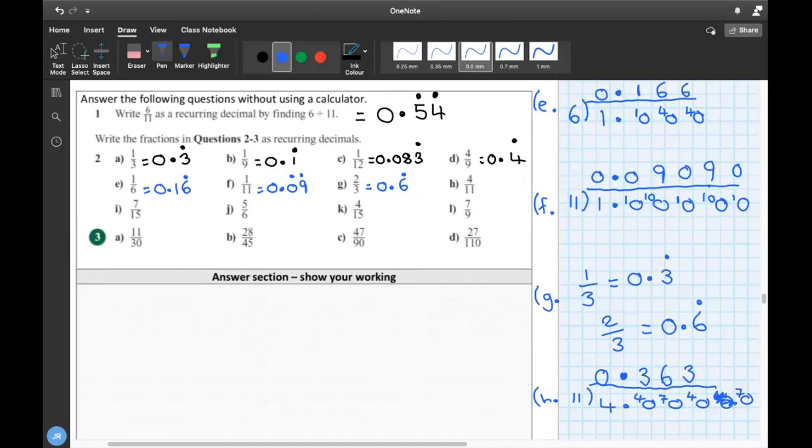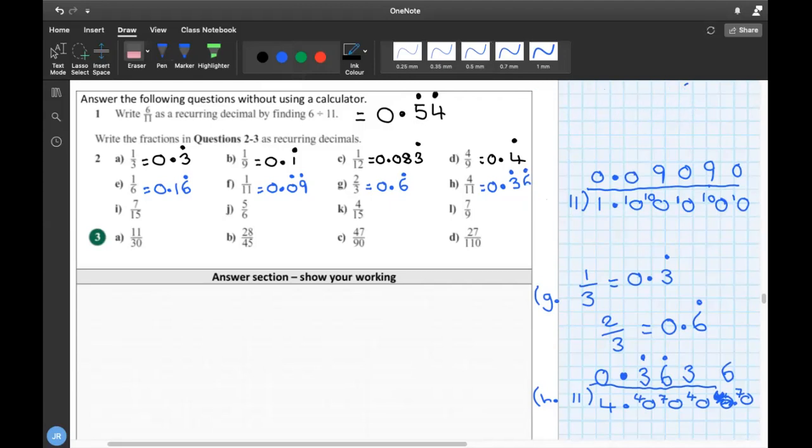Okay, then how many 11s fitted into 70? It was back to 6 again. Okay, so we can see here that we've got the 3 and the 6 as our recurring digits there. Equals 0.36. They are recurring. Okay then, now ready to have a look at questions I to L.